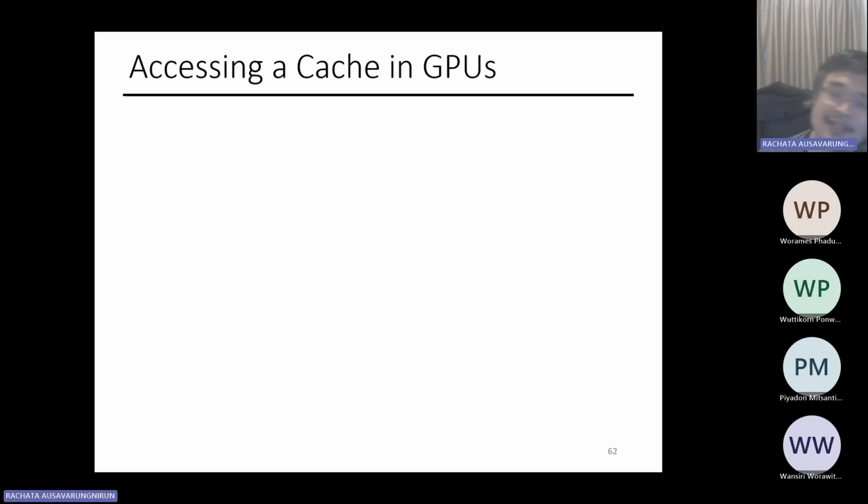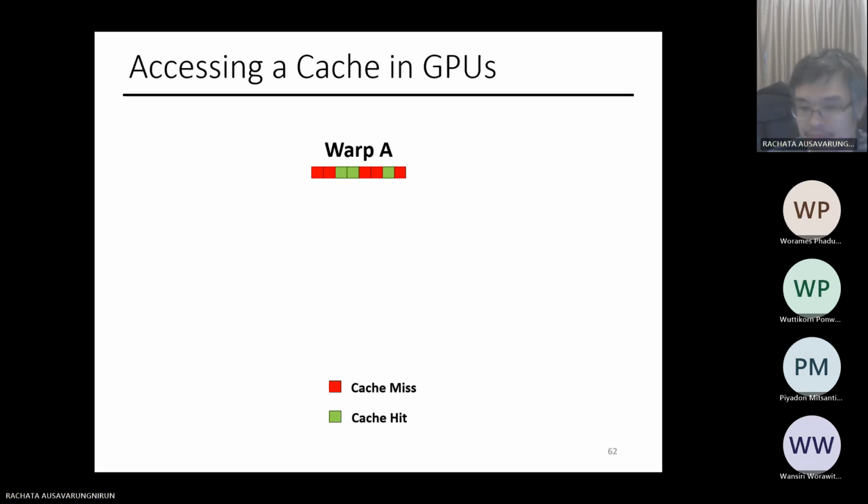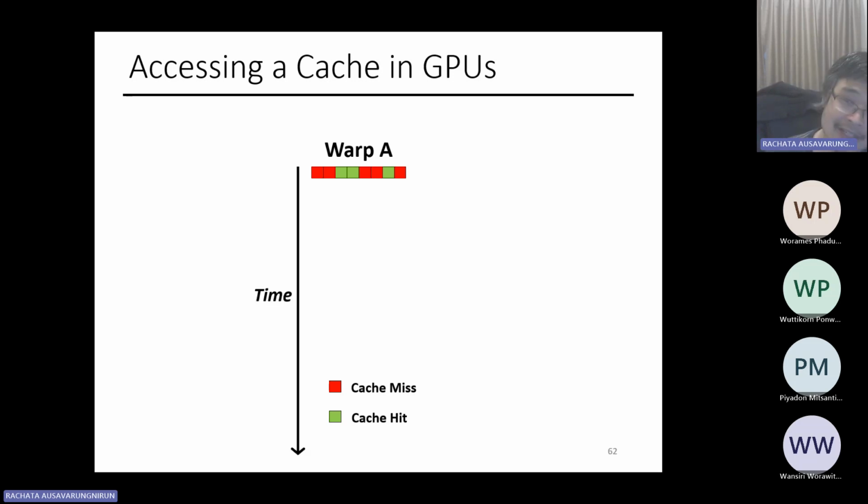Now let's look at the GPU and the problem we call memory divergence. So let's look at this warp A. Let's assume that some of these threads hit in the cache, some others miss in the cache. What you see is when you run warp A, the 3 threads that hit in the cache would quickly get the data. But here's the problem.